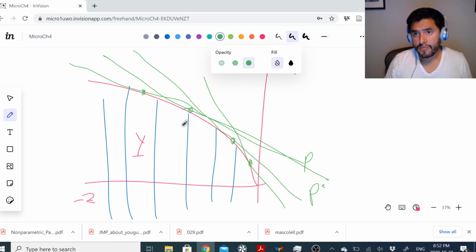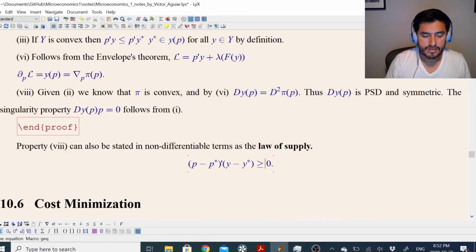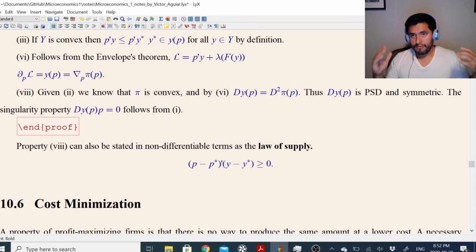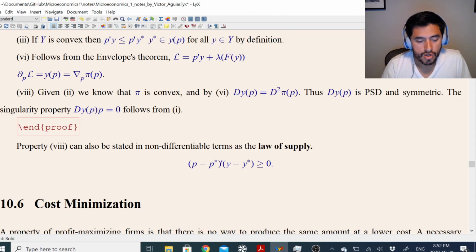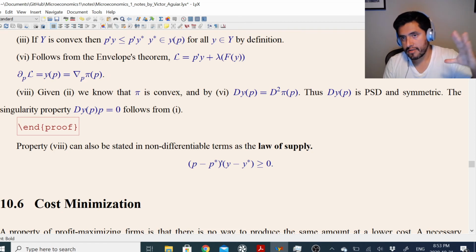So this is called the support function of a convex set. And basically this means that geometrically the profit function is the support function of this production set, okay? So this is the second part. Thank you.